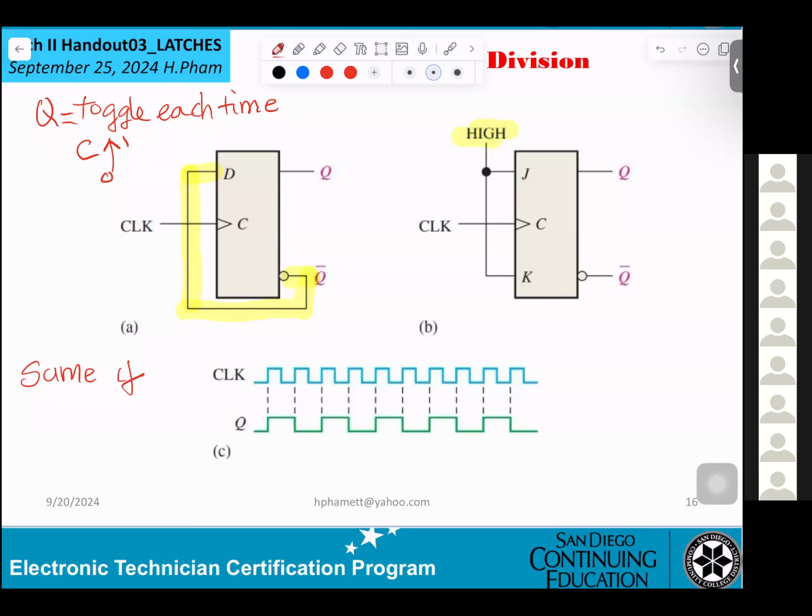If J and K connect to 1, when you get a clock, the output will toggle. Toggle means it was 0, now 1. It was 1, now 0.